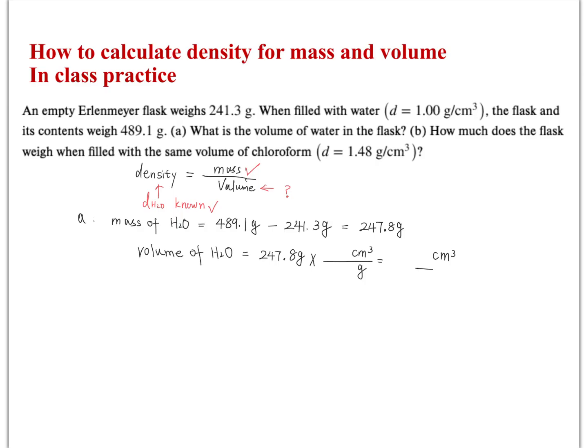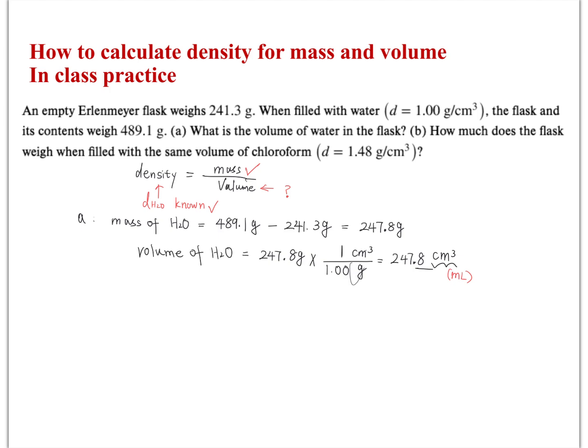The density here is 1.00 gram per cubic centimeter, so 1.00 gram is in 1 cubic centimeter. In other words, the volume equals the mass divided by the density. That gives us 247.8 cubic centimeters. And don't forget that cubic centimeter is basically milliliter.